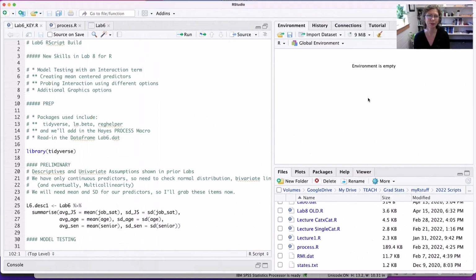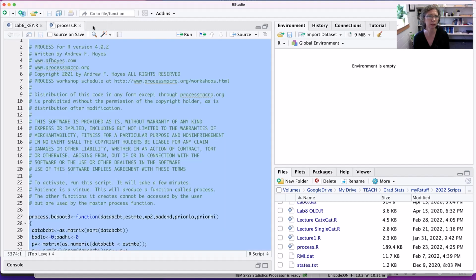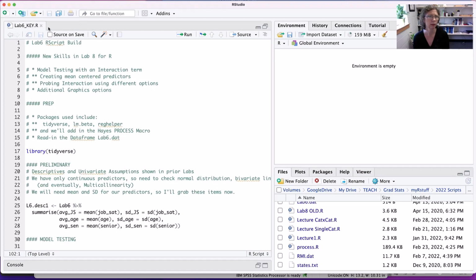Hi, and welcome back. We are going to run through our lab in RStudio. The things I have open right now are the Lab 6 R script, and I will be loading up our data set.